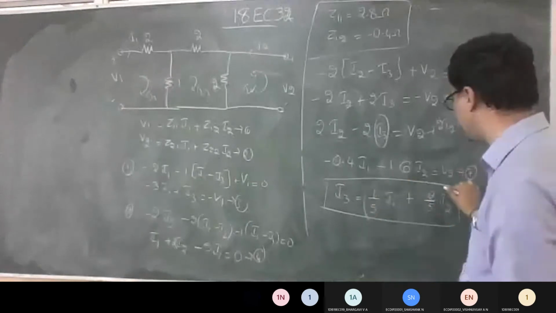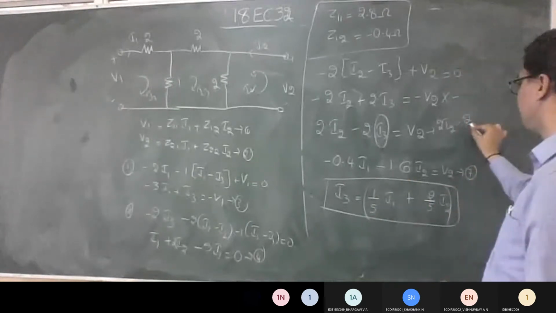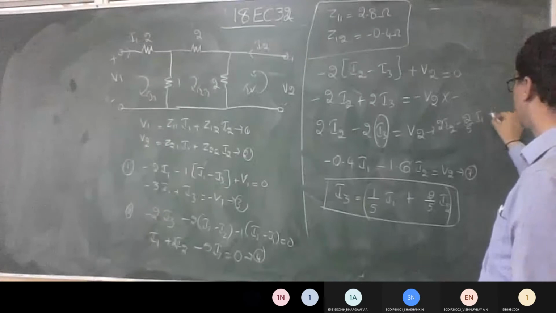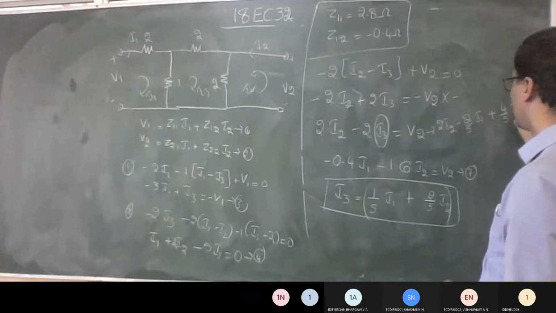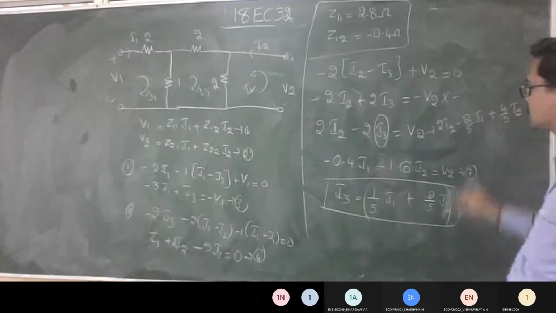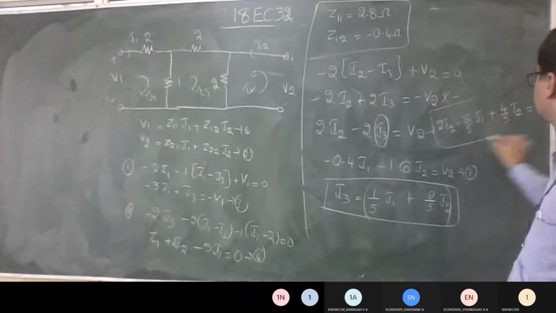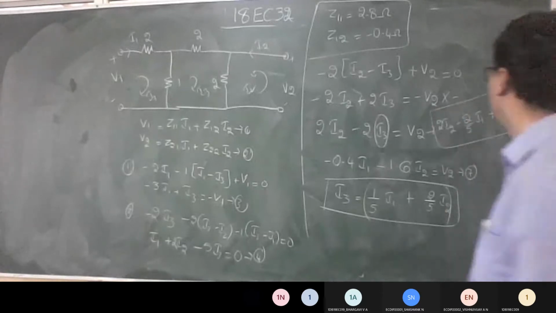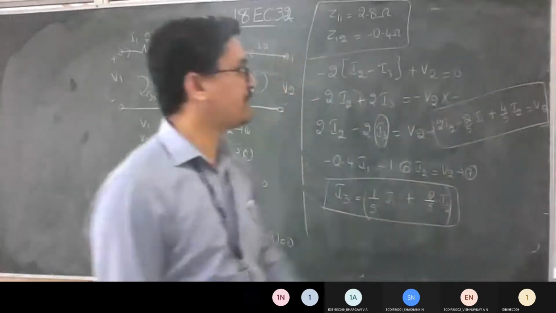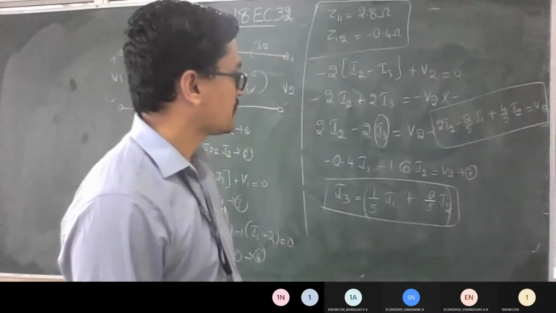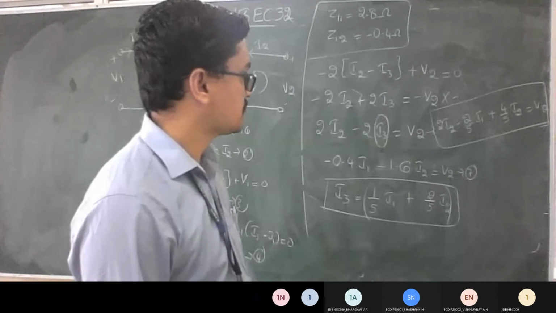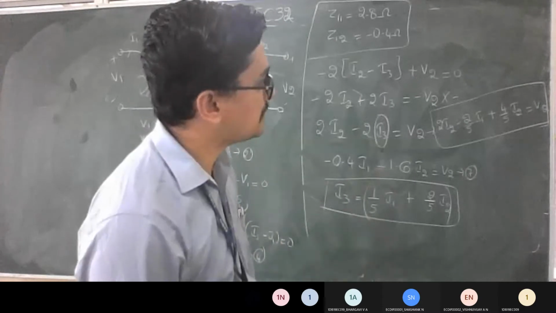You have to multiply this complete term by 2. So it becomes 2 by 5 I1 plus 4 by 5 I2 equals to V2. Is that how it looks? Yes or no? So 2 plus 4 by 5. 1.6, sir. Sarina, I think it's plus, isn't it?